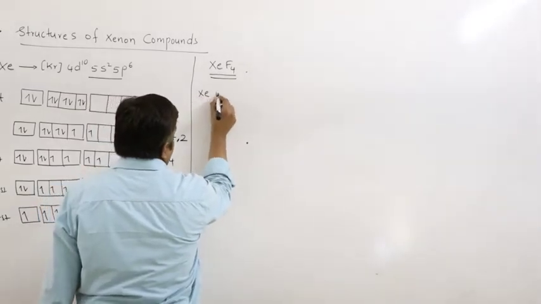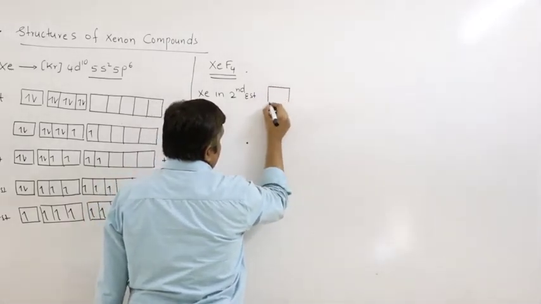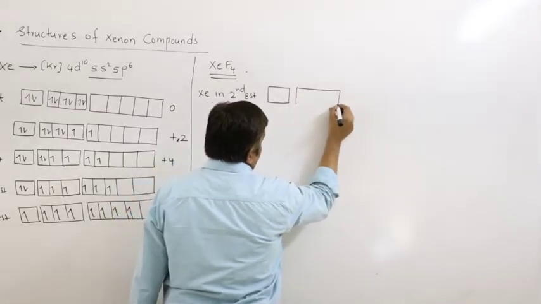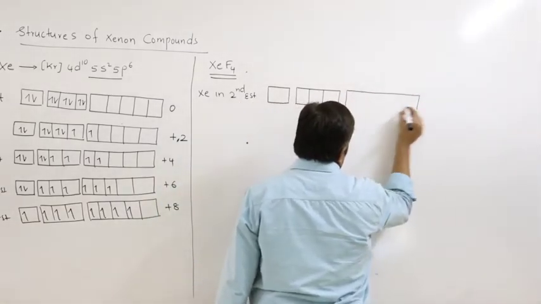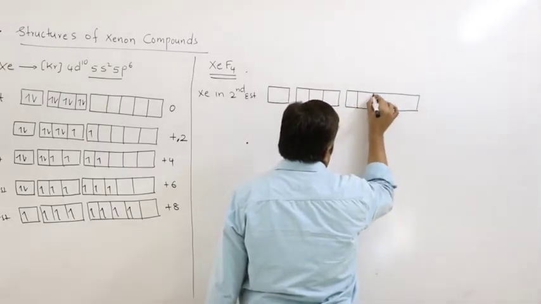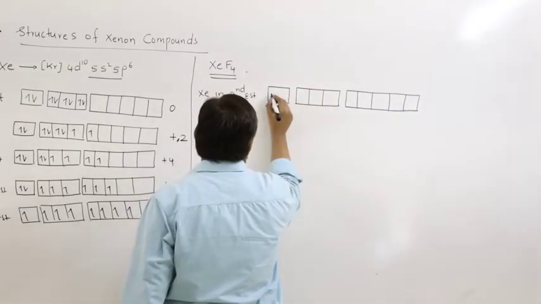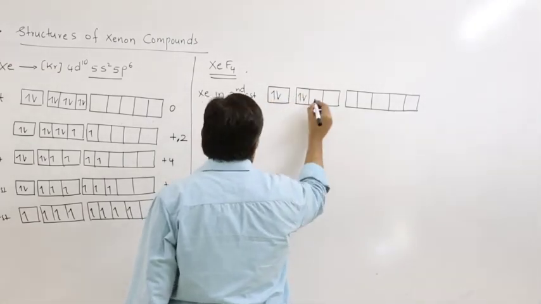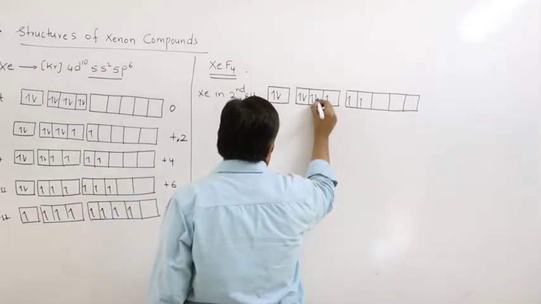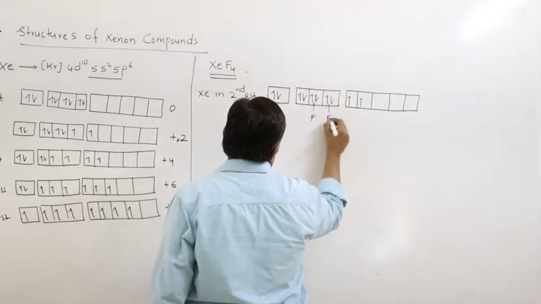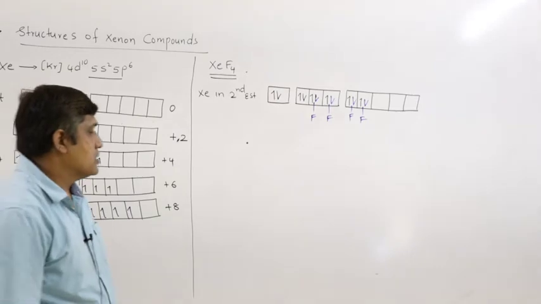So xenon in the second excited state, each fluorine forms a bond. So 4 unpaired electrons, 4 bonds.